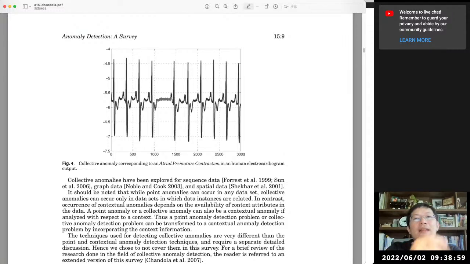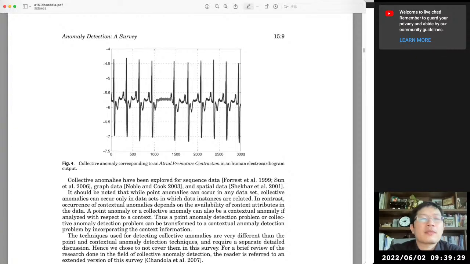Collective anomaly. That is a human electrocardiogram output, 就是人类的心电图. And you can see that there is a certain anomaly right there. Compared with the entire data set, the entire time series, you can see there is one time span which is anomalous.